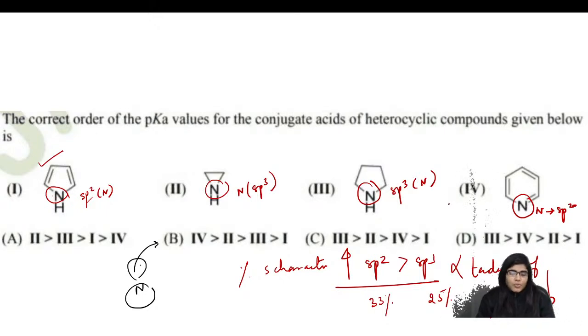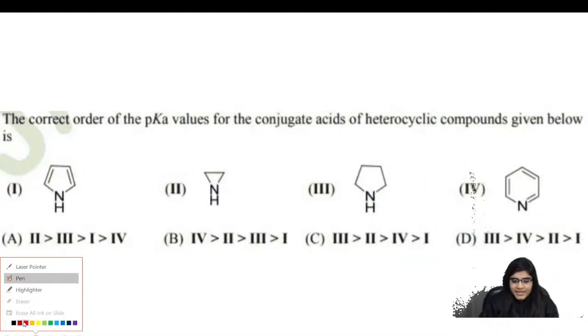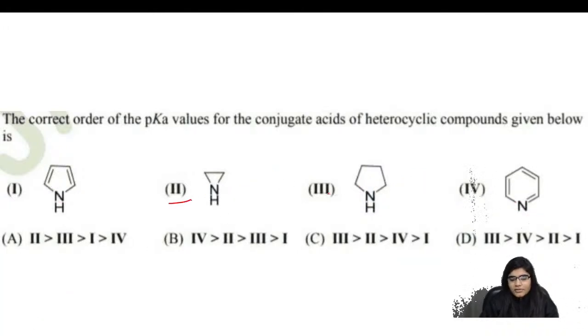Just by this one point, let's see if I can cancel out a few options. Definitely we are going to have second or third in the first position. Second, fourth, no, it's not going to be a correct answer. Third, this might be the correct answer. So we can cancel out one option.